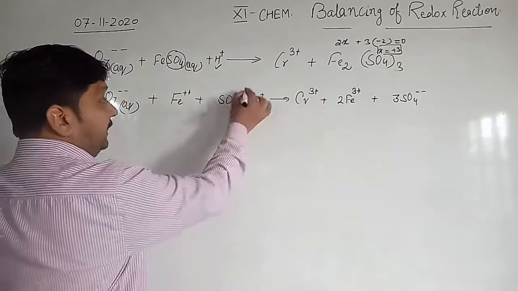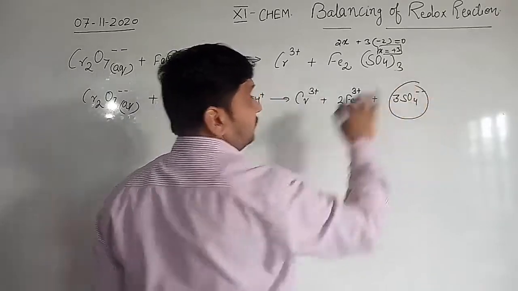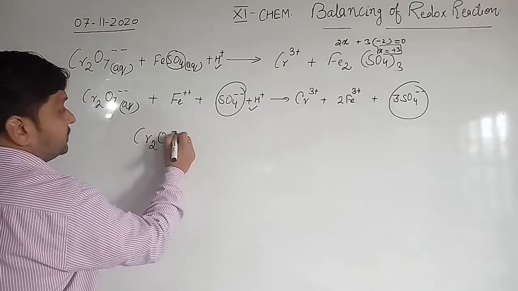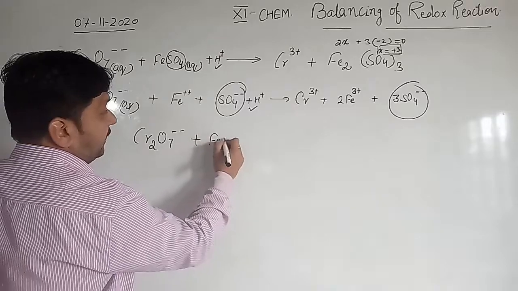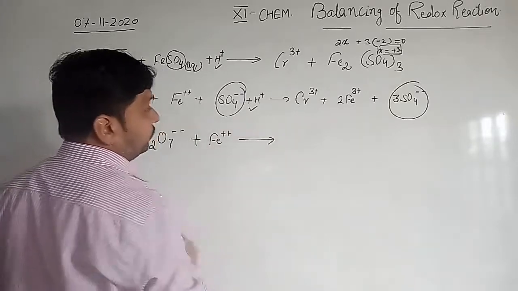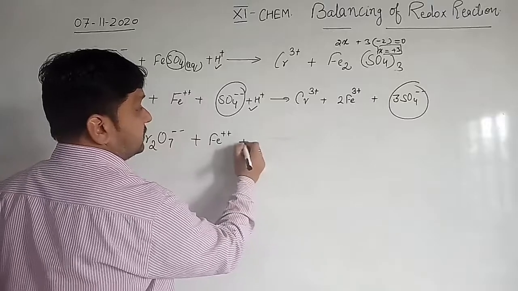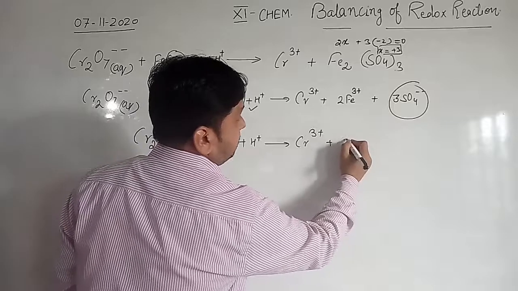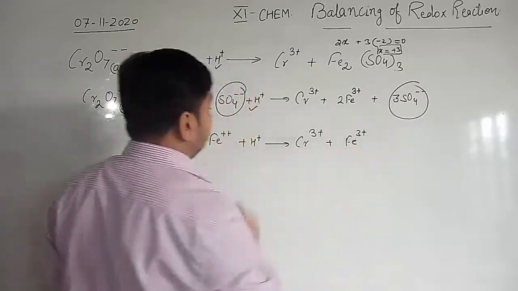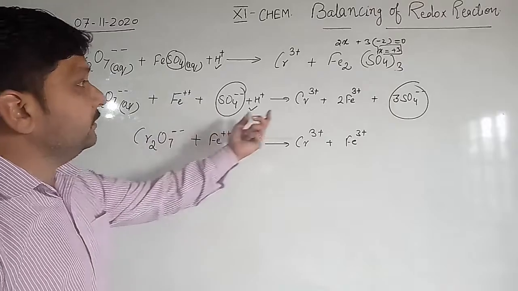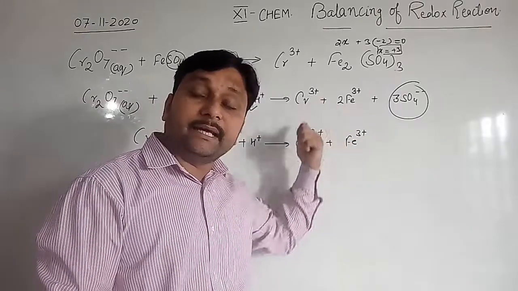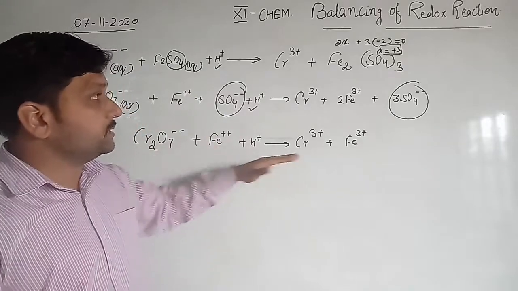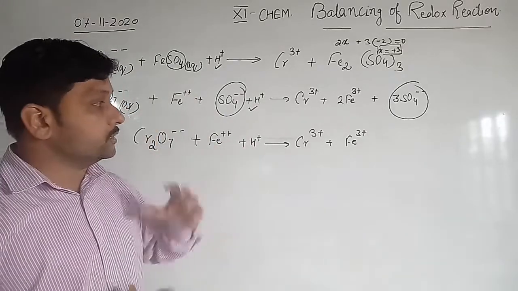So first we eliminate the sulfate ion and write the next equation: Cr2O7 2 negative plus Fe2 positive plus H ion gives Cr3 positive plus Fe3 positive. There is no need to write the coefficient of the anions or cations. Clear? So this is the next equation in ionic form.